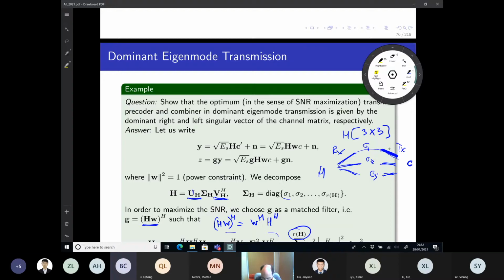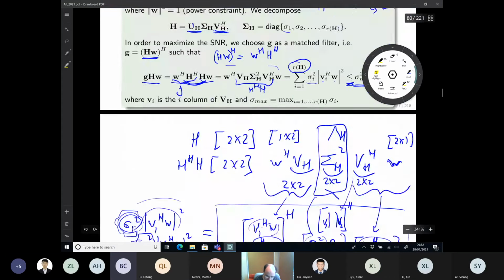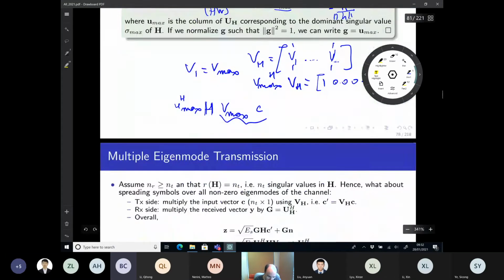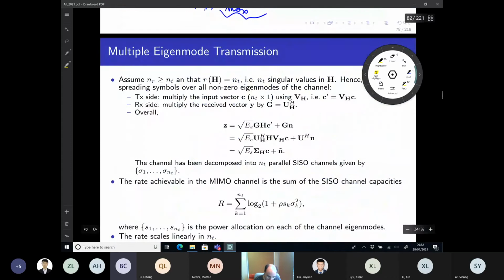If I transmit a symbol C1 through this route and a symbol C2 through this route, those 2 symbols will not interfere with each other because of the property of the SVD. The columns of U are orthogonal with each other, the columns of V are orthogonal to each other, right? So what is this called? This is multiple eigenmode transmission. And you will see that this is a key to achieve the capacity of the MIMO channel.